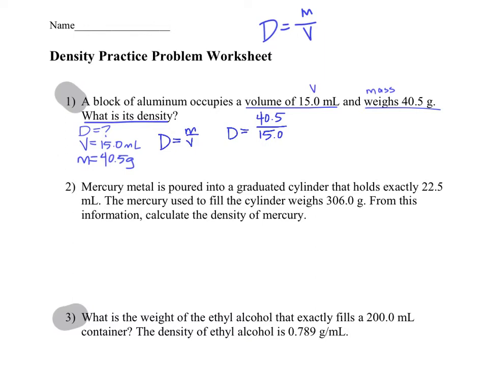So 40.5 goes into the calculator first, divided by 15. And when you calculate that, you should get 2.7. And then my units, I'm measuring grams over milliliters, so it's going to be grams per milliliter.